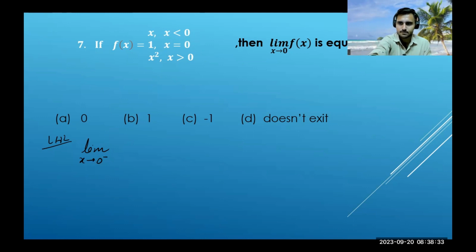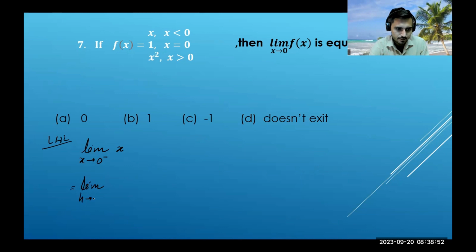So we'll take the first definition. We have three definitions here, so the function is broken in three parts based on different definitions. The first definition is x less than 0, so we'll take x here. And now limit h tends to 0, and what we'll put here? We'll put 0 minus h.